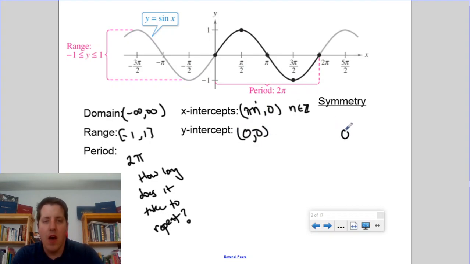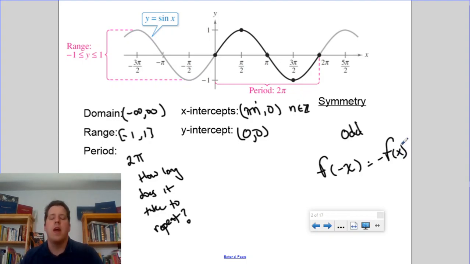This has odd symmetry. So what that means is that f of the opposite of x equals the opposite of f of x. Now, let's see if we remember what that means, and let's see if we can show what that means for this particular graph.